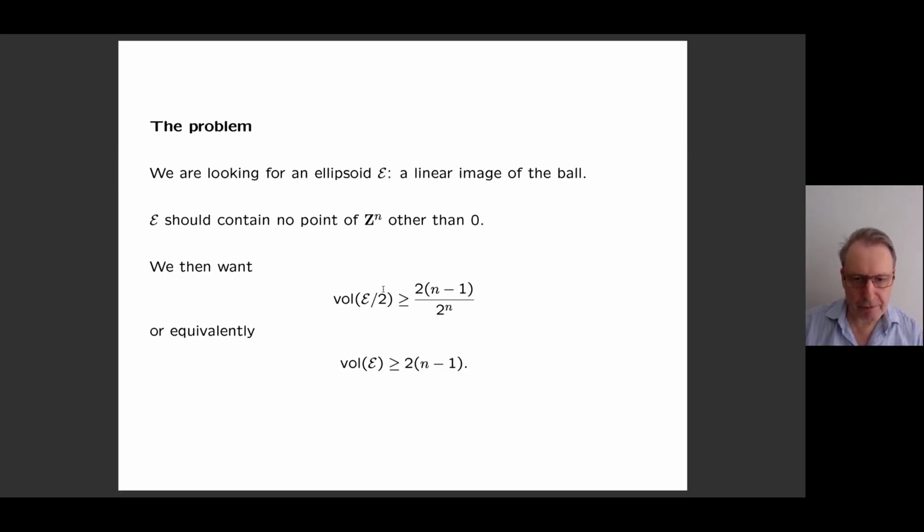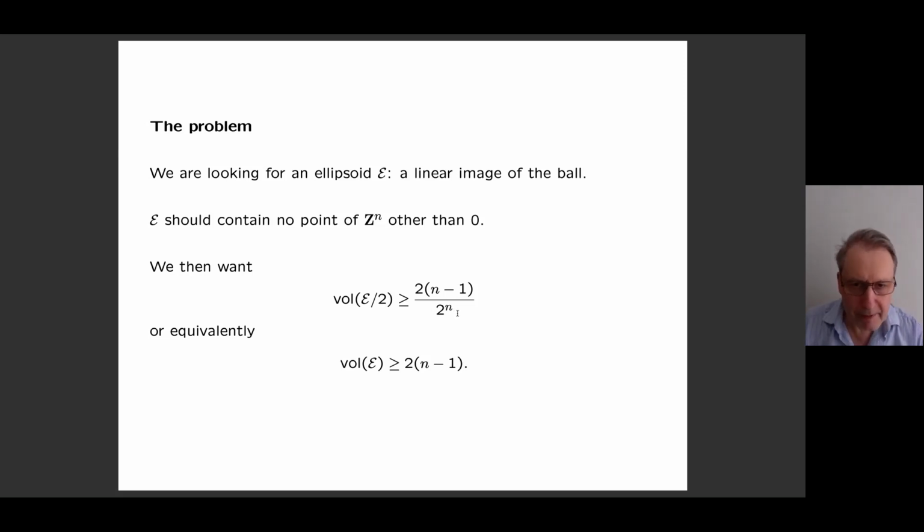So we want the volume of this rescaled ellipsoid to be at least the ratio we care about, this n-1 times 2 to the 1 minus n, which I'm writing in a slightly different way for reasons that will now become fairly apparent. Namely, this is the same as saying that the volume of the ellipsoid itself, before scaling by a half, is at least 2 times n-1, because in n dimensions, if you scale the ellipsoid by a half, you scale the volume by 1 over 2 to the n.